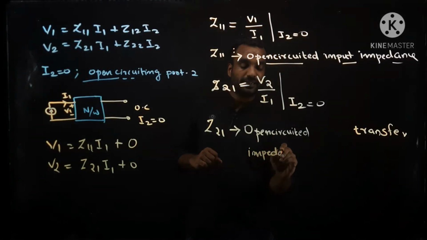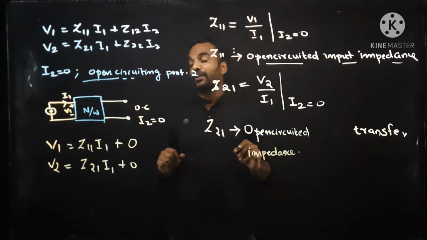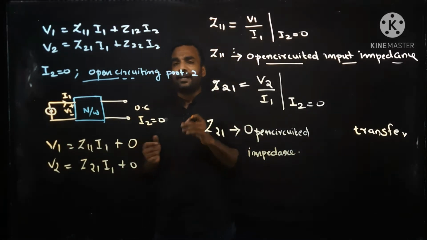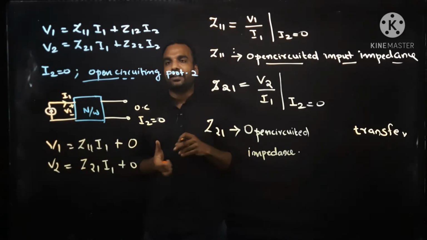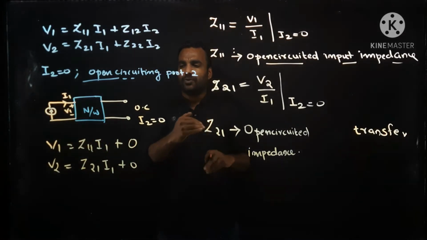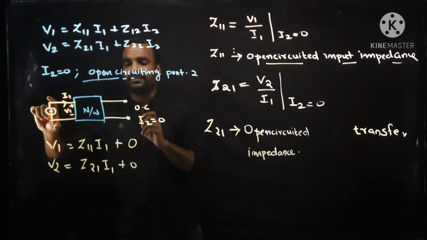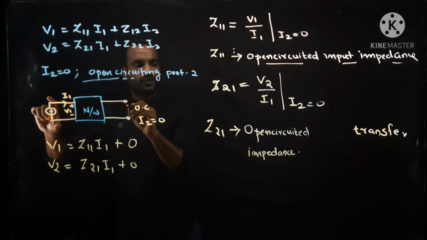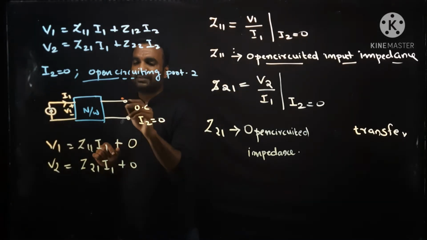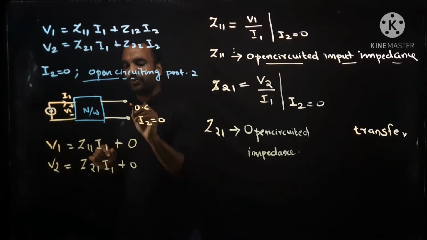But there is something missing, because where we are connecting the source is connected in the primary side or the port 1, and we are injecting a current towards port 2, or we are supplying voltage here. Where is the V2? Anyhow, the secondary side is open. So I2 is 0.